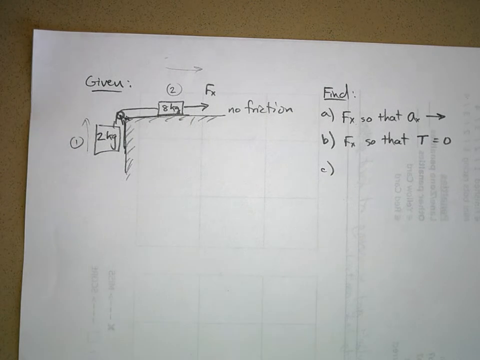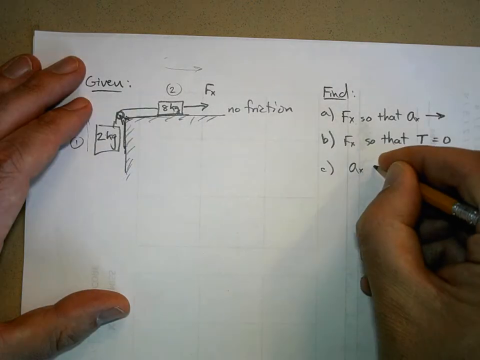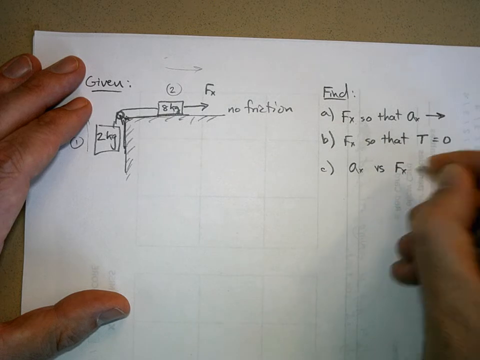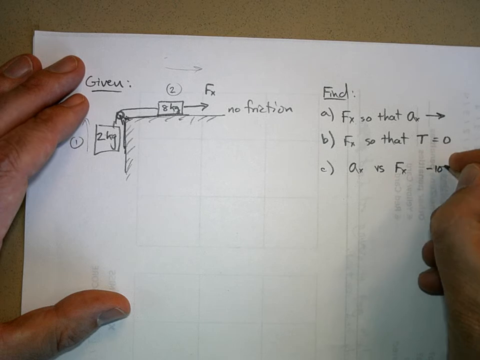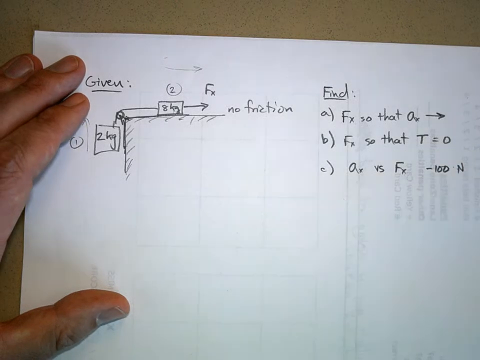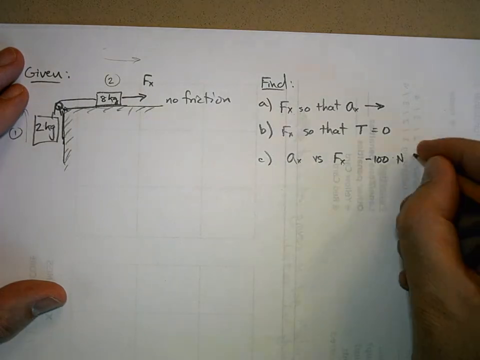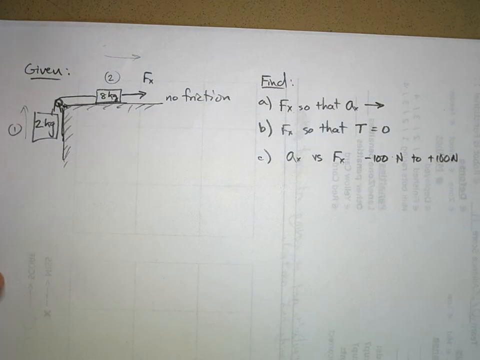The acceleration versus f sub x. So we want the acceleration versus f sub x for values of f sub x of negative 100 newtons to positive 100 newtons. Okay.